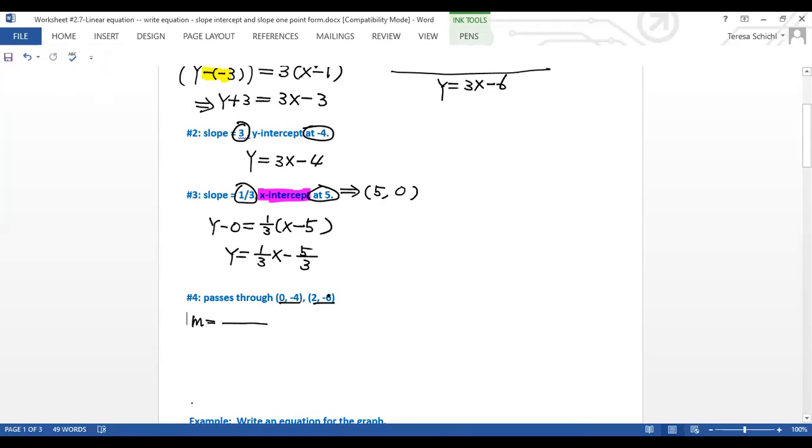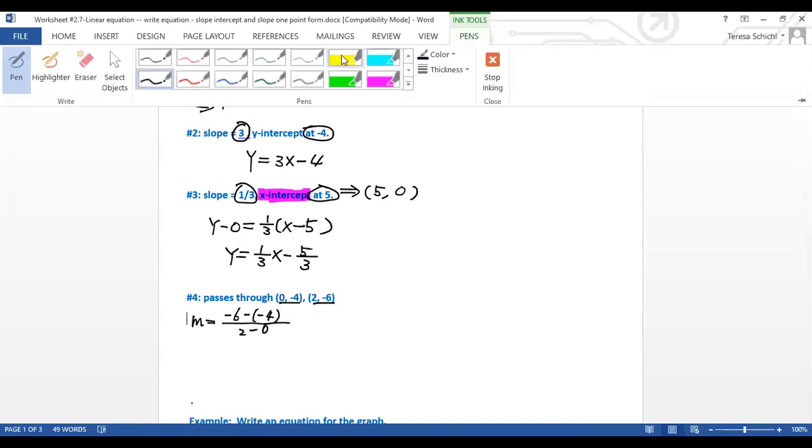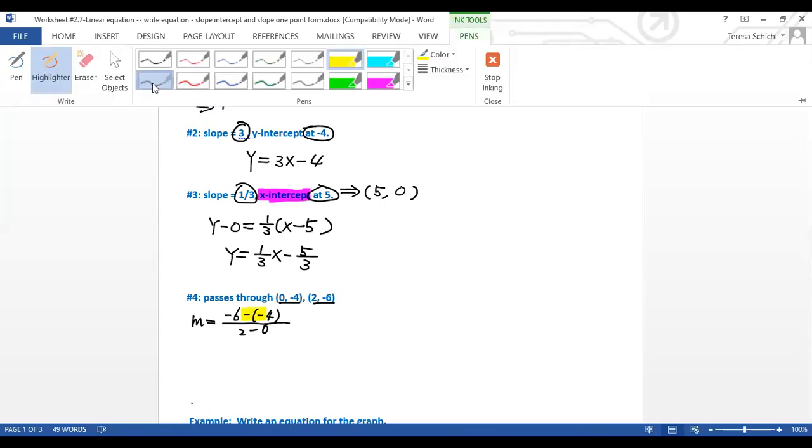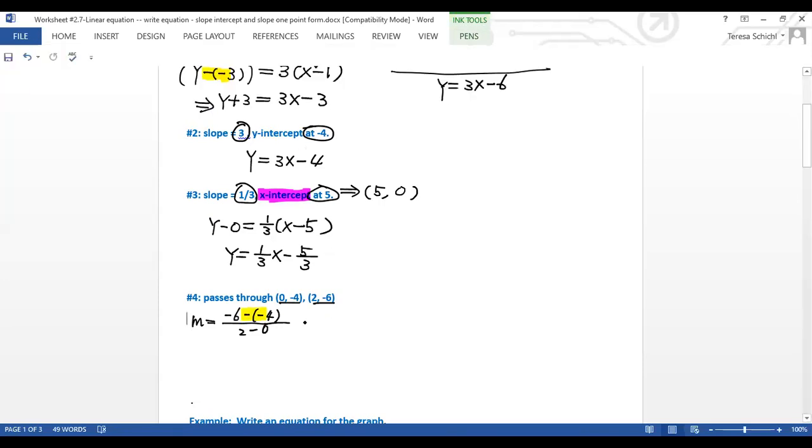So I will say -6 minus -4 on top. Those formulas are quite simple. That is 2 minus 0 on the bottom, right? The only thing you need to be careful about is those negative signs. So this is -6 plus 4. What is it going to give you? Negative 2. Then 2 minus 0 is 2. So this slope is -1.